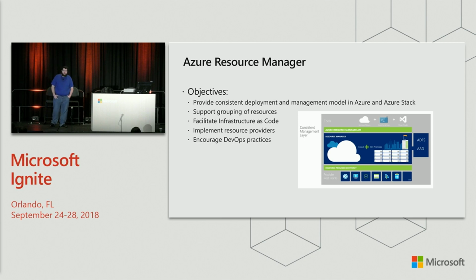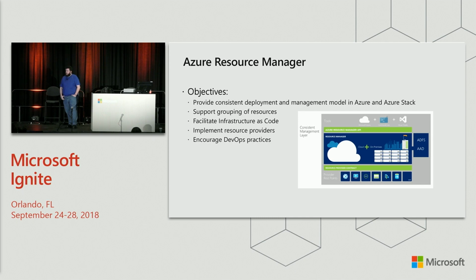In looking at Azure Resource Manager, again, this provides a consistent deployment. So if we need to deploy 10 VMs, 100 VMs, 1,000 VMs, they can all be configured exactly the same way. It supports grouping of resources, so we can group together the network behind that VM and whatever storage requirements, and use role-based access control to provide permissions and restrict actions on the objects within that resource group.